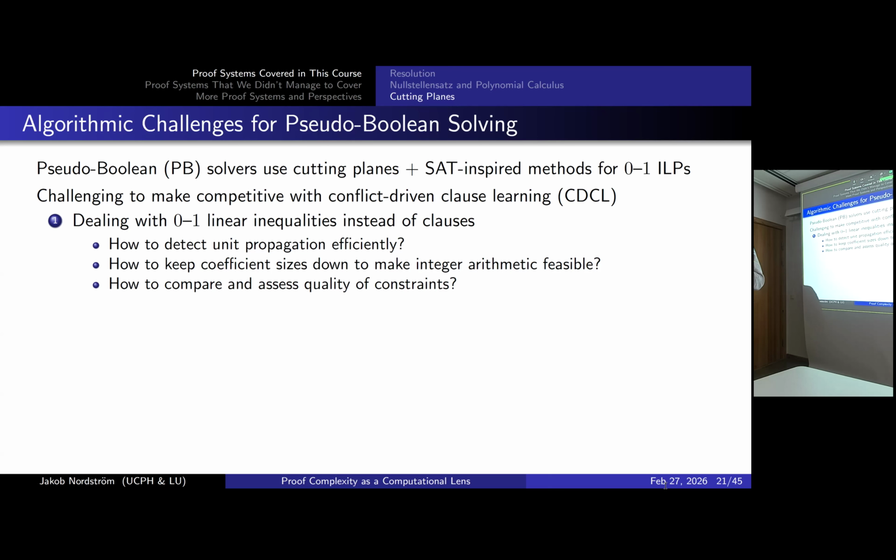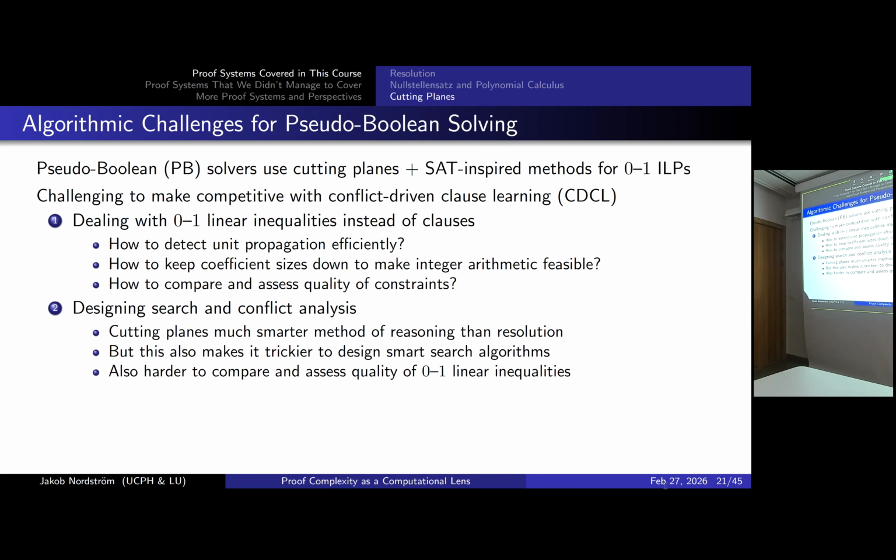Also, when you're choosing whether to derive this or that: for clauses, you could argue that, somehow, this is not quite true, but you could compare two clauses and say, for instance, a smaller clause seems to be clearly better. But for a general 0-1 integer linear inequality, there are several dimensions in which you can compare. Just looking at two constraints and saying which one is better is already a difficult question.